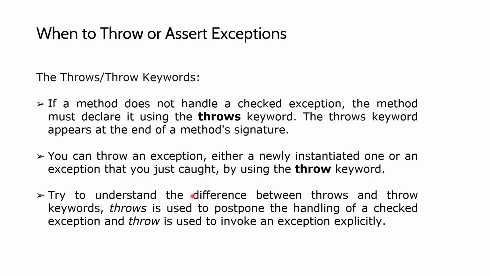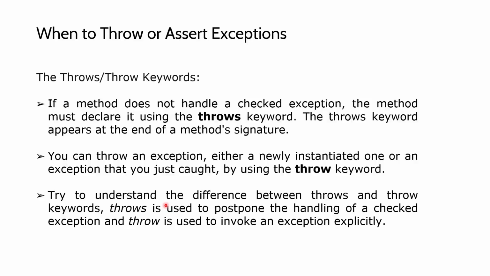And then you can use the throw keyword when you want to throw an exception, either one that you just instantiated, as we just saw in a previous example, or an exception that was just caught. So just to understand the difference, the throws keyword is used to manage or postpone the handling of a checked exception.